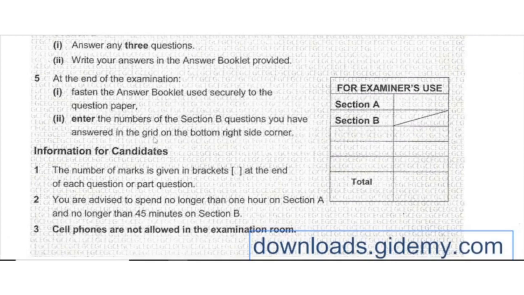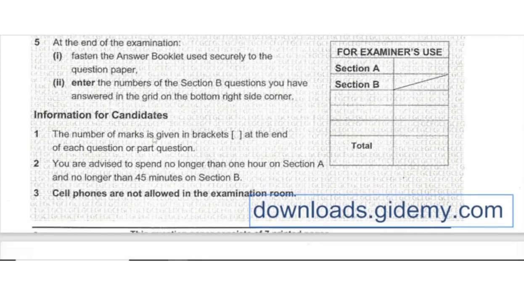Enter the numbers of the section B questions you have answered in the grid on the bottom right corner. So you write the numbers of the questions you have answered. Then, information for the candidates: the number of marks is given in brackets at the end of each question or part question.